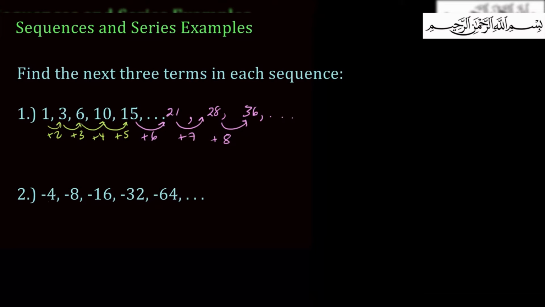As you can see, we had to play around with these numbers, and sometimes the pattern of the sequence is not readily apparent, and we have to work a little harder than this sometimes, at least for me.